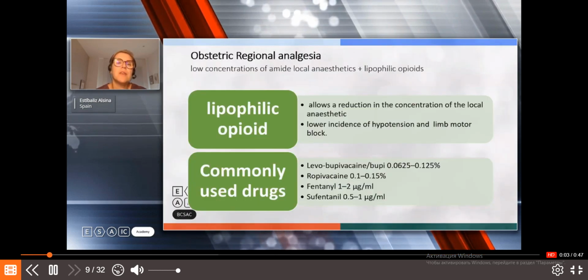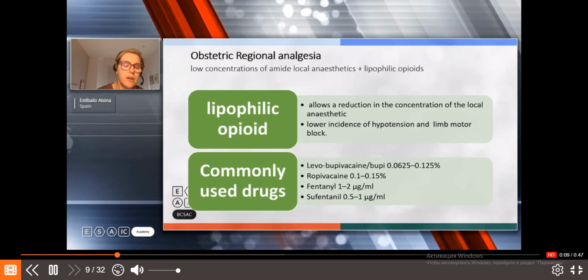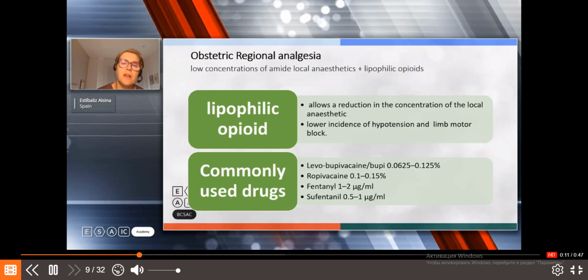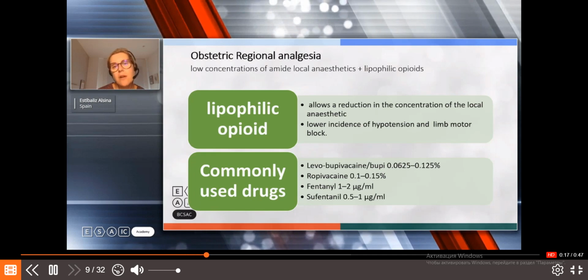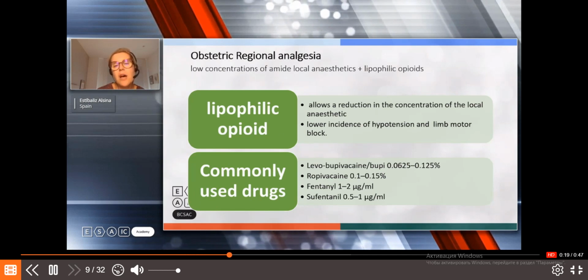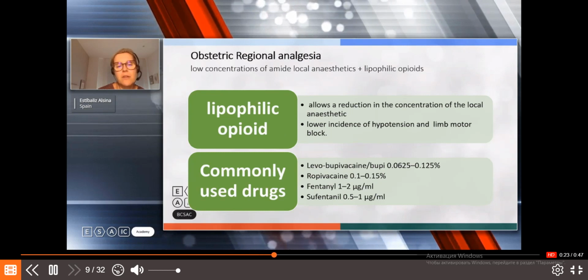How do we do the analgesia with the regional technique? Well, we have to use a low concentration of local anesthetic plus lipophilic opioids. Why lipophilic opioids? Because they allow us to reduce the local anesthetic concentration, and they also lower the motor blockade and hypotension.